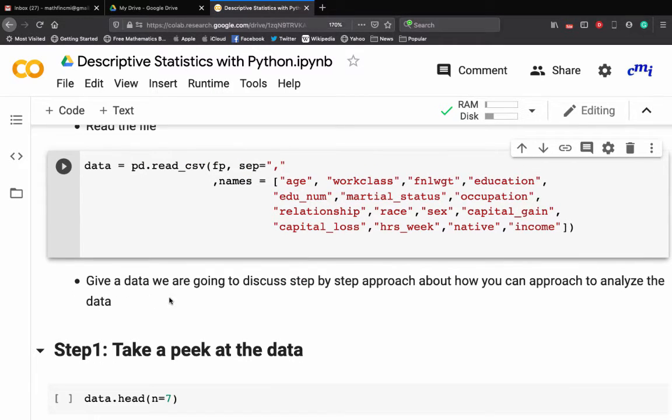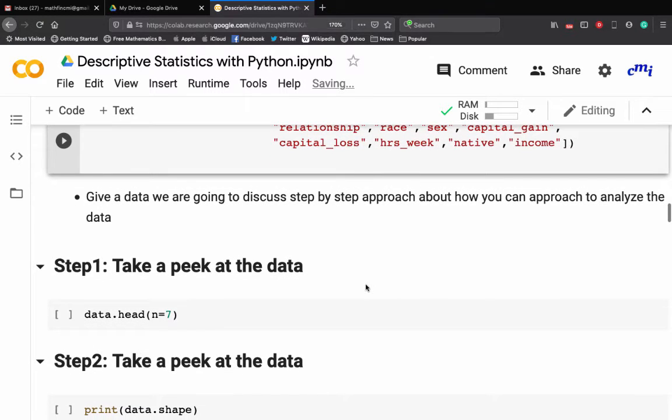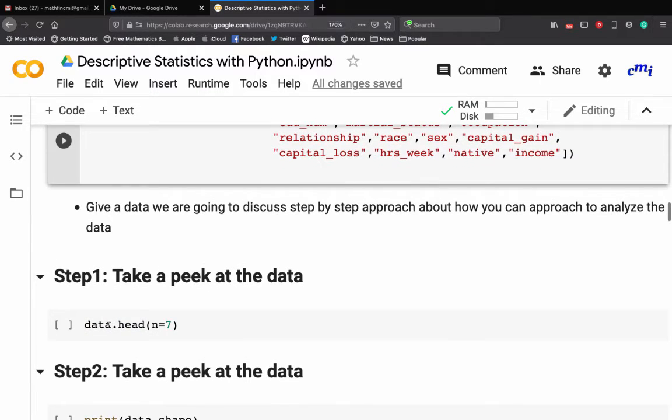Given the data, we are going to discuss a step-by-step approach about how you can analyze the data. Step 1, take a peek at the data. If you say data.head, you can give any other name to the dataset, D1, D2. I just prefer to call it data.